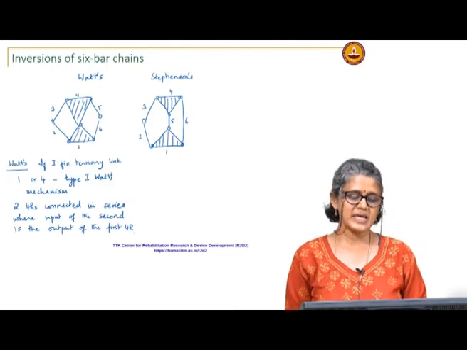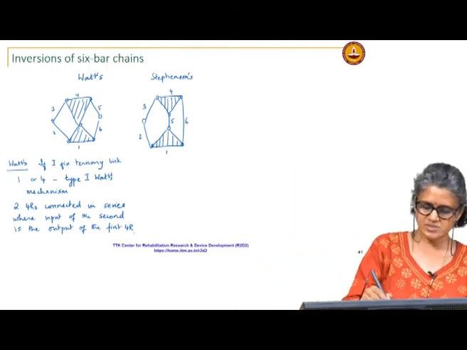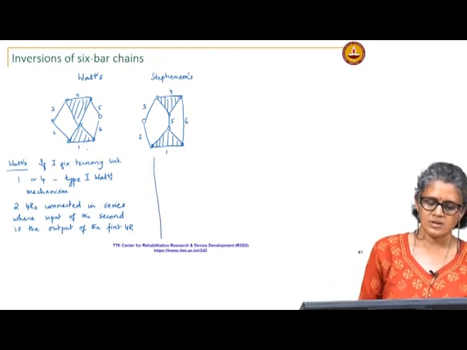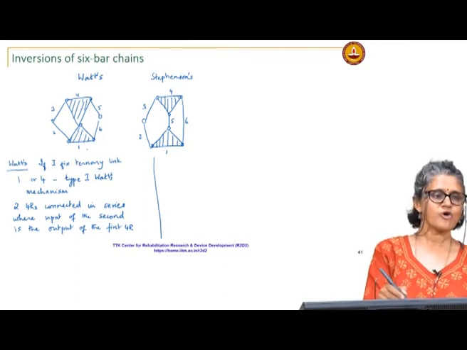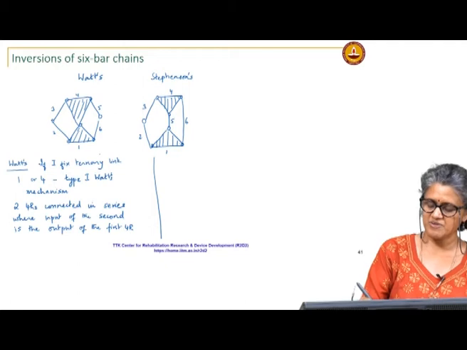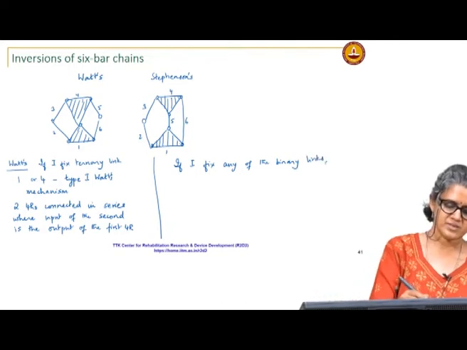If I fix any of the binary links, so this is okay, the other 4 binary links, if you look at the form, it is pretty symmetrical. So, if I fix any of the binary links, what do I get? Say I fix link 2.